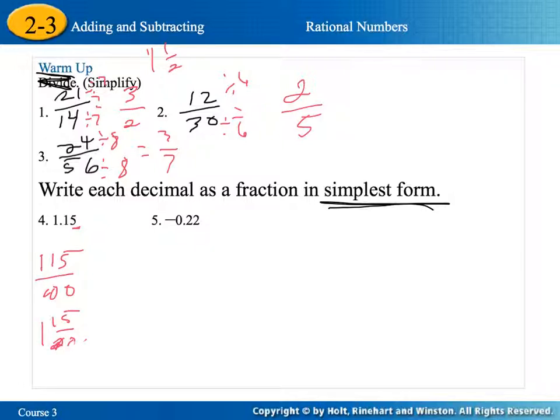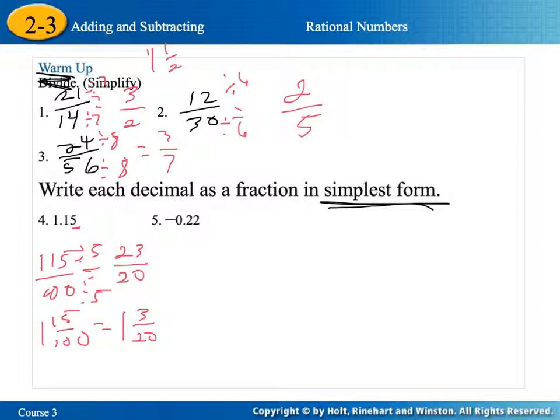Okay, so then when you break this down, we can divide both of these by 5, and you will get 115 divided by 5 is going to be 23 over 20. On the bottom, it would be 100 divided by 5, which is 20. So both of these would be acceptable answers, 23/20 or 1 3/20.